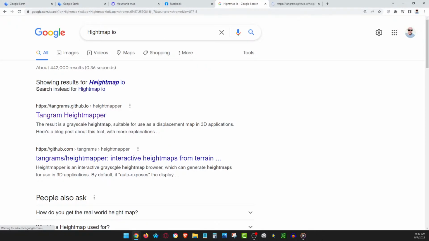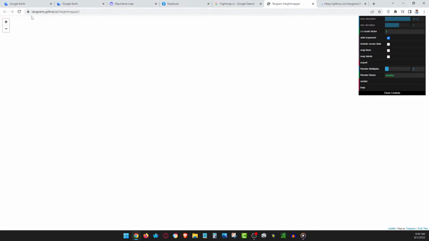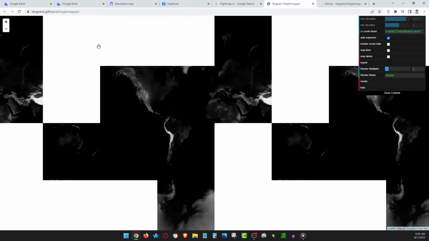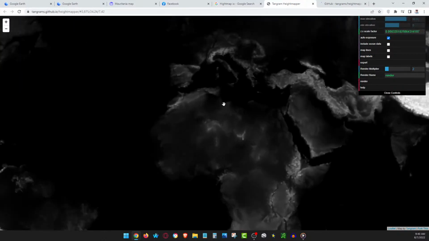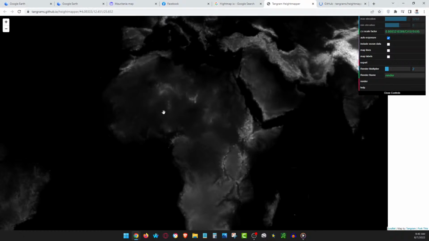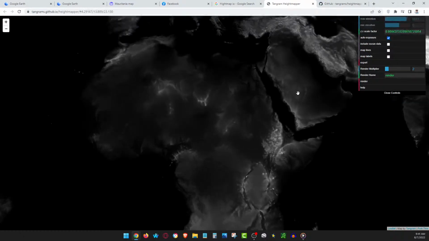I don't know how deep I can get into this right now. I do suddenly get kicked off these broadcasts still. 10grams.github.io height mapper. Alright, I'll play with this later. Let me know if that's not it. And the colors are so dark, I don't know what I'm doing here. Anyways, I'll do that later.